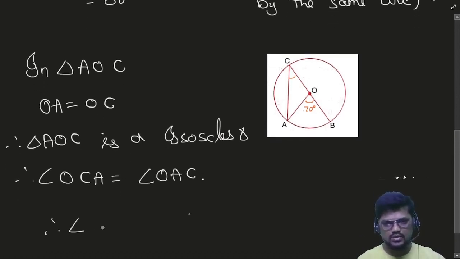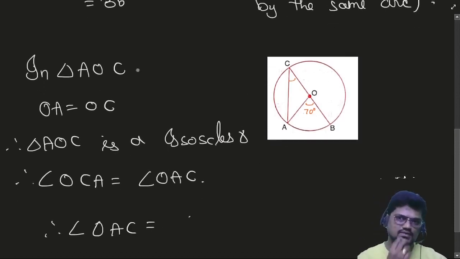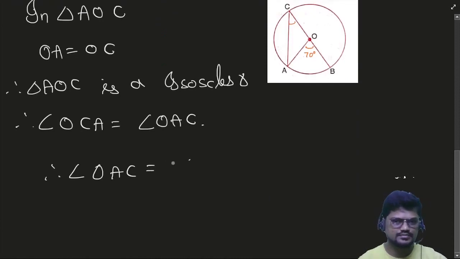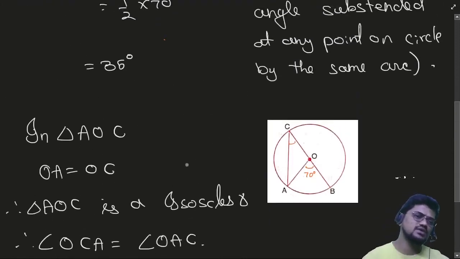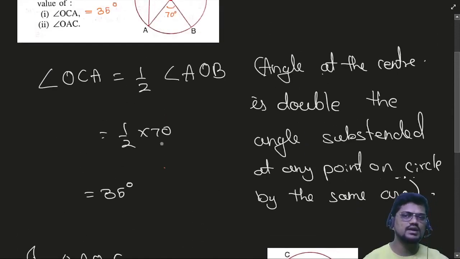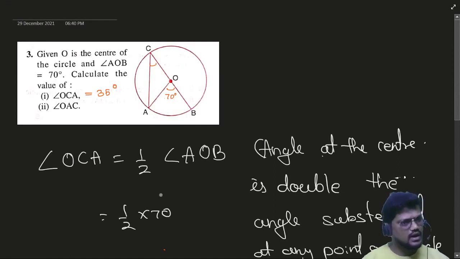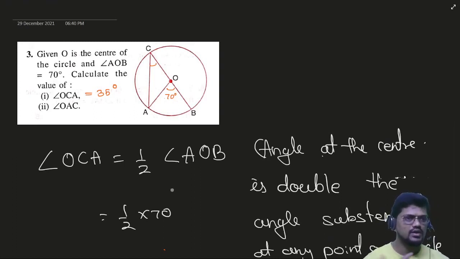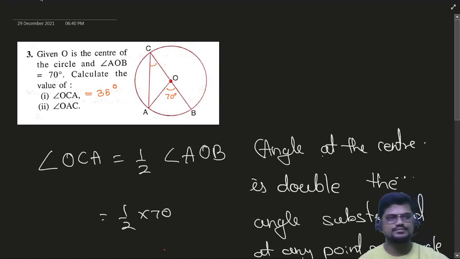Therefore, angle OAC equals the same as OCA, that is 35 degrees. Understood? This is the way you should write in your exam, right? But it takes a lot of time to explain this way. That's why I directly explain on the diagram only. Understood how to write? So for the further problems, I will not be writing all this. The only thing is you need to understand the concept. So we'll be doing interaction while we solve the problem. Okay? So this is also 35 degrees.